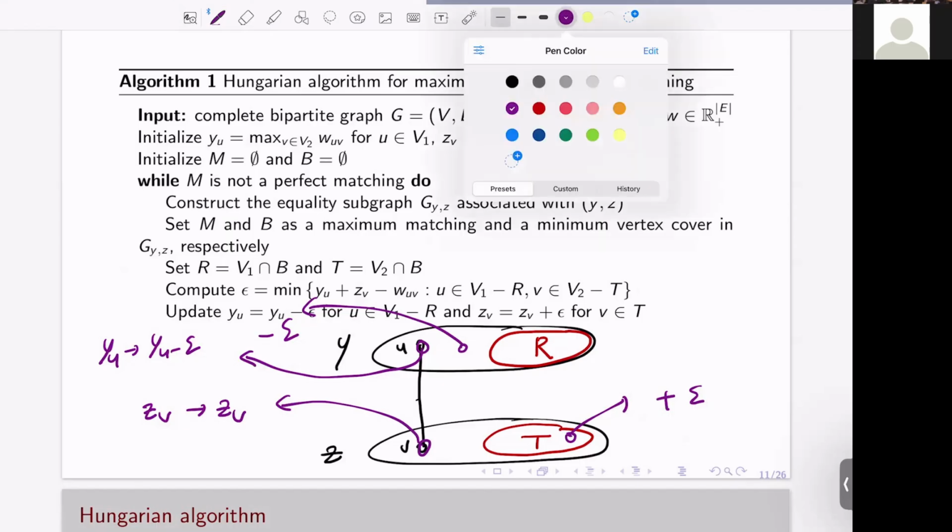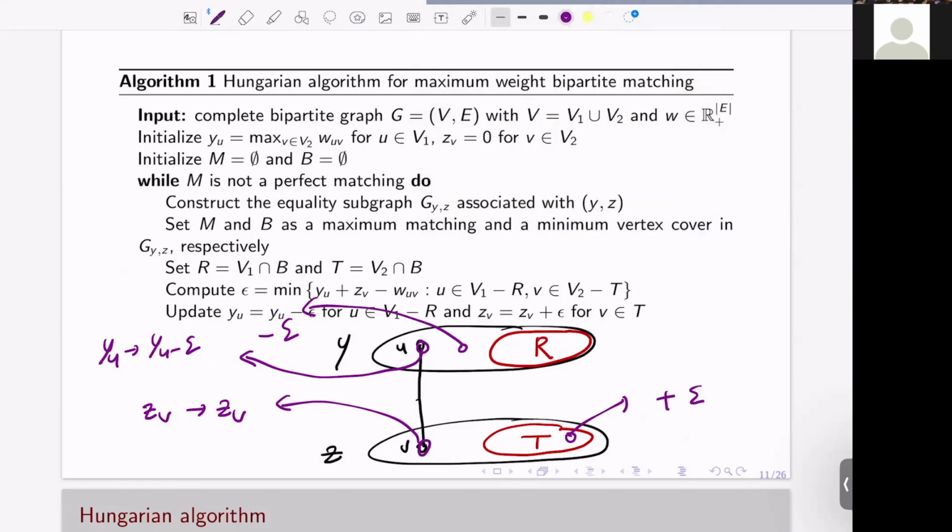But for other edges, that's fine, so this is the only thing that you worry about. I guess you have other edges. Okay, for this edge, YU doesn't change and ZV doesn't change, so that's fine.